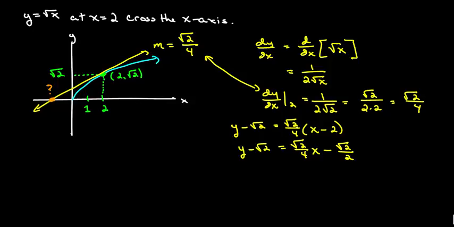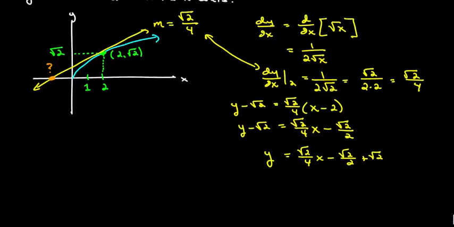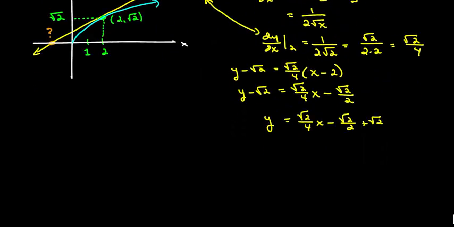So what I've done is I've taken square root of 2 over 4, multiplied it by 2, so the 2 and the 4 cancel to give me 2 down here. So this is y is equal to square root of 2 over 4 x, minus square root of 2 over 2 plus square root of 2. There we go.